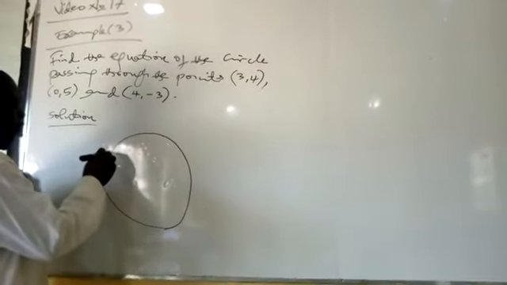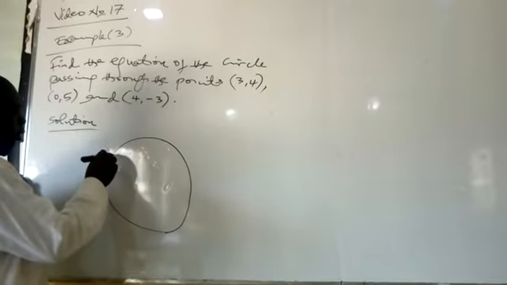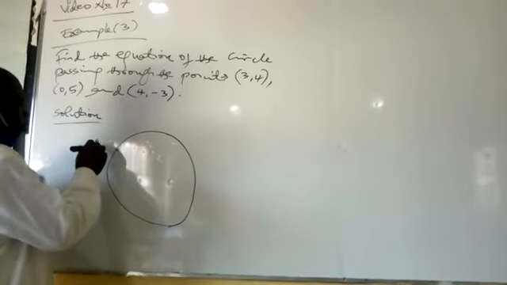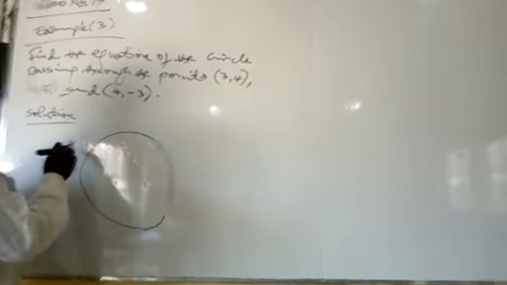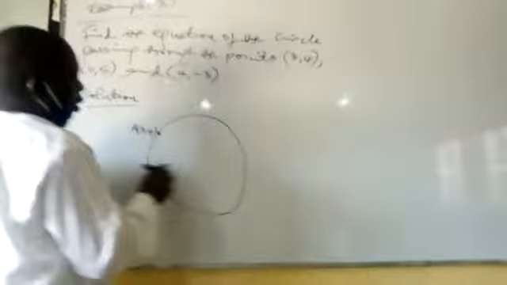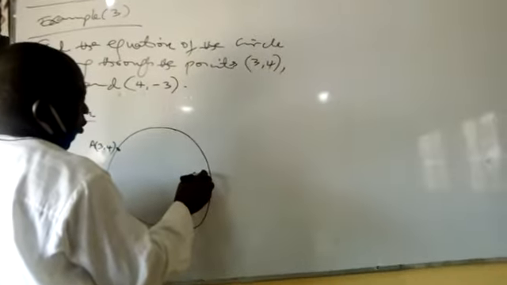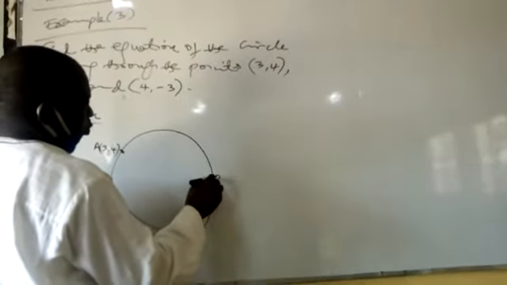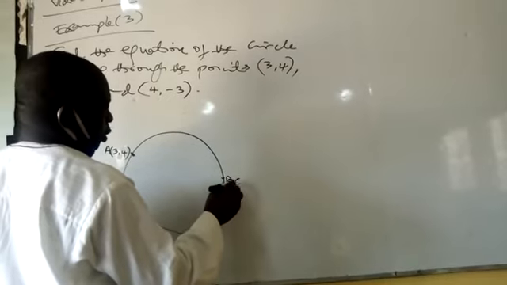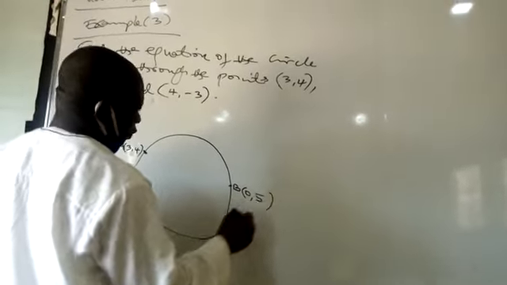Now, let the first given point, (3, 4), be point A. Then let the second point be point B with coordinates (0, 5).